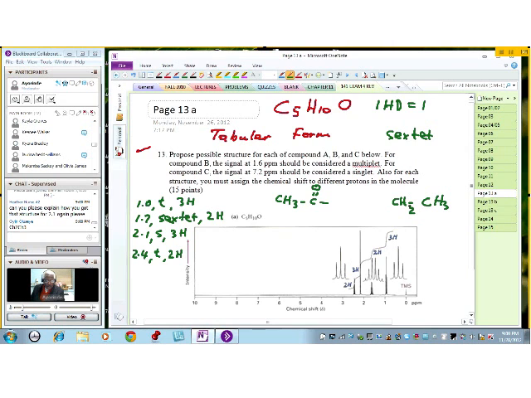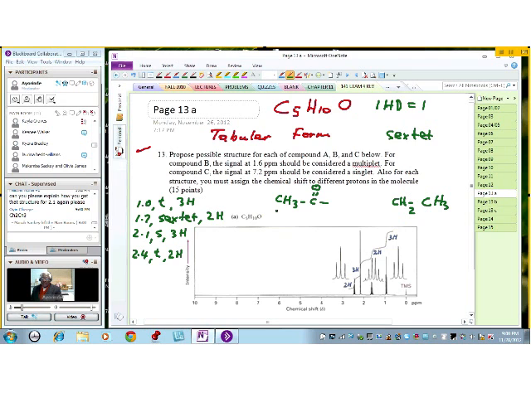Okay, very good. Can you please explain how you got that structure for 2.1 again, please? If you look at your chart, we have 3 hydrogen at 2.1. That is what they gave us.